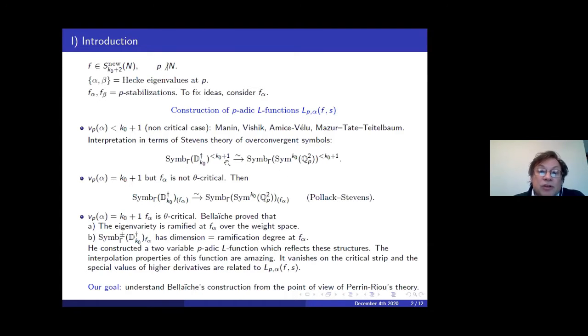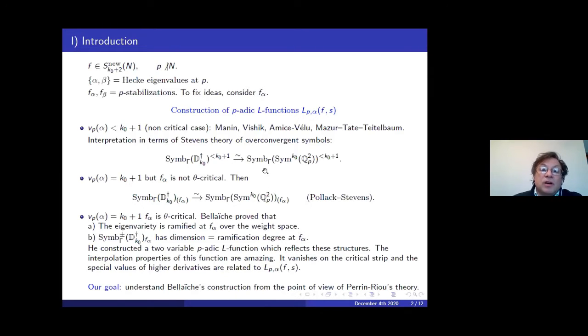This map is not injective, but if we consider the action of the Atkin-Lehner operator U_p on both spaces, and consider the slope decomposition and take only the pieces of slopes strictly smaller than k0 plus 1, then Stevens proves that restricted to these subspaces, the map is an isomorphism.